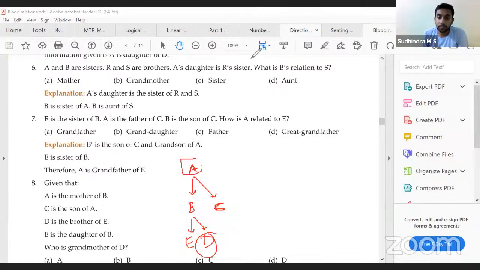A. Why? Because A is the mother of B. C is the son of A. So B and C are siblings. D is the brother of E. But who is E? E is the daughter of B. So D and E are children of B. So the grandmother of D is A.